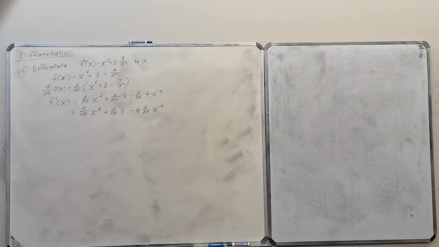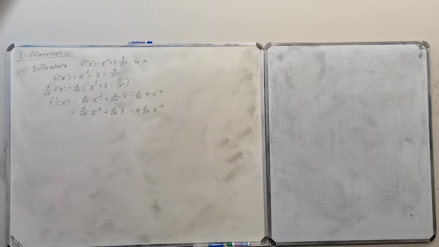Rule 2 is: if you have a constant multiplied by a function, then you take out the constant. Or if you have a constant multiplied by x to the power n, you take out the constant.